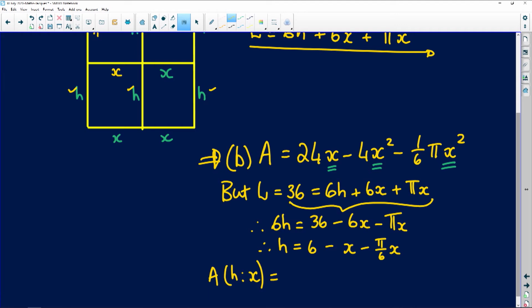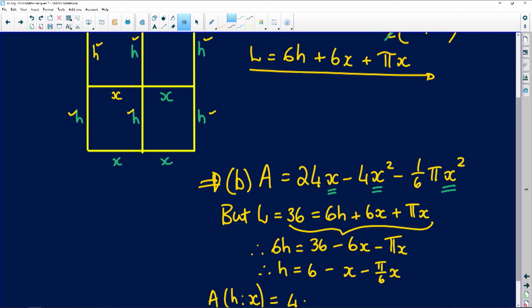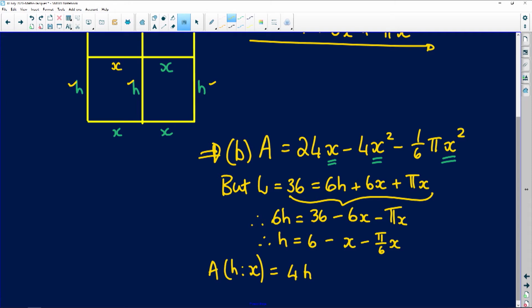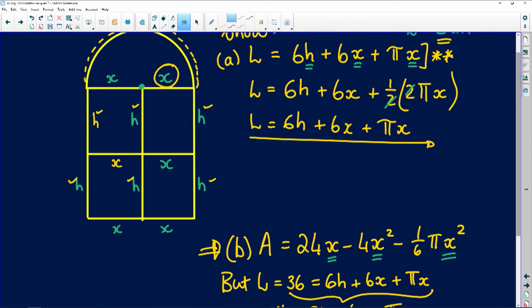So the height of each one is h and the base is x. So there's 4 hx's, 4 of those, plus then the area of the semicircle at the top.